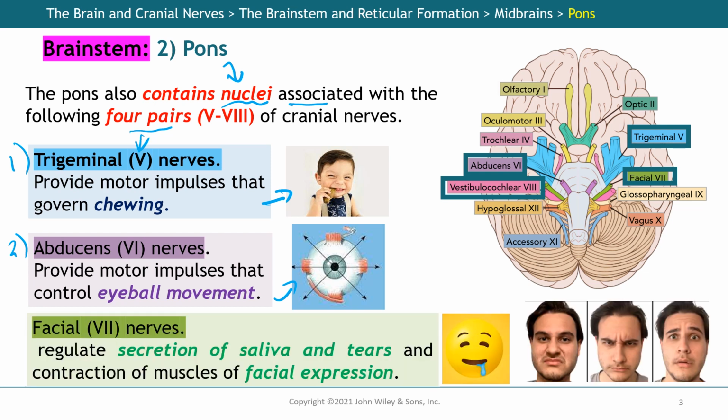And finally, the number 7 here, the facial nerves, are in charge of the secretion of saliva, as you can see here, the secretion of tears, and different facial expressions.